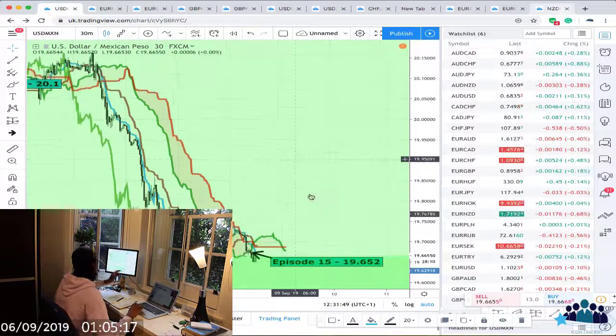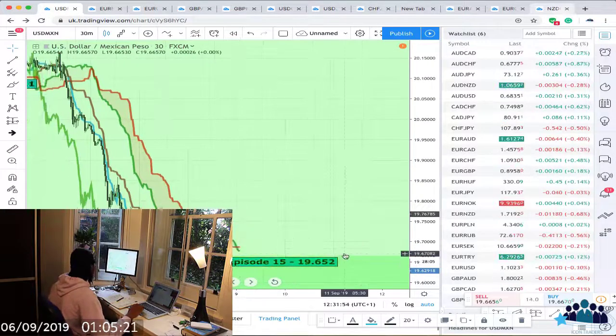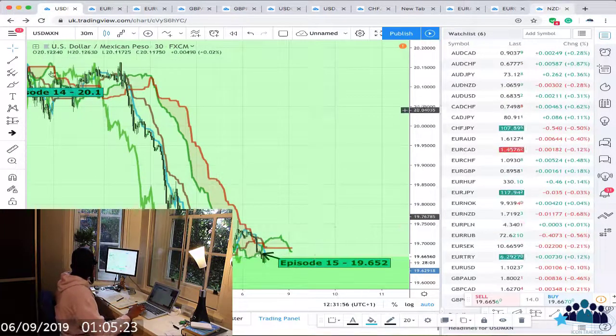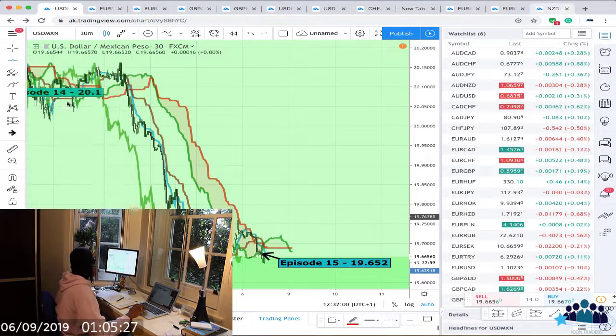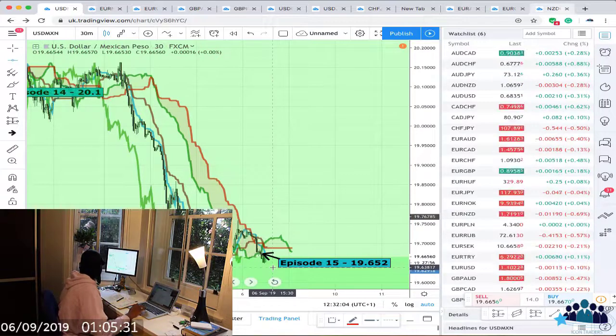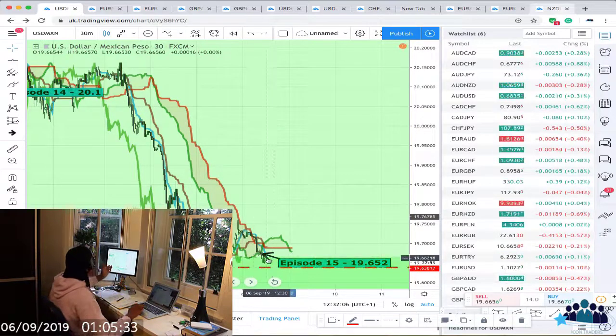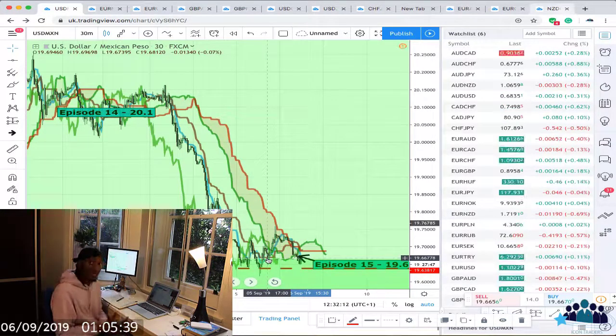Now, as we can see here, I've just annotated this, and what we can do is put in a horizontal line because I have spotted a price level. If we plot that in there, what we can see is the market has reached another price level, and now it seems to be bouncing around this level.